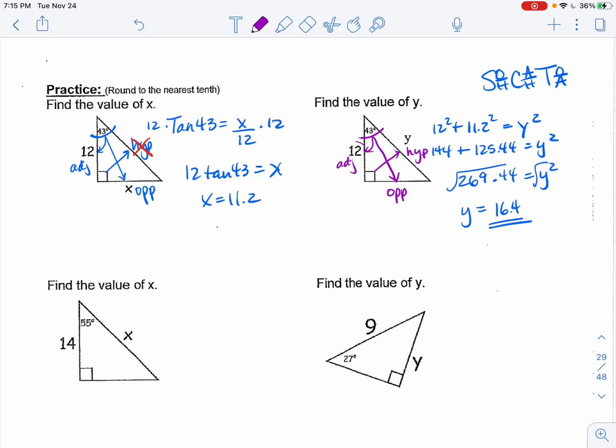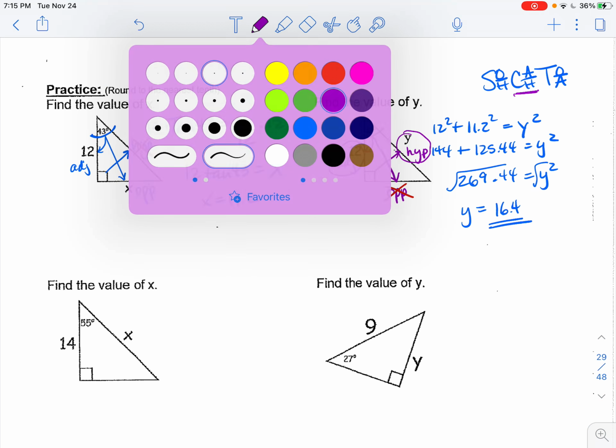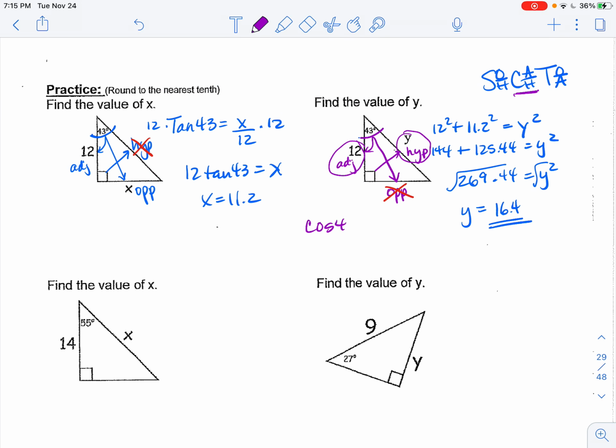So the ratio that uses adjacent and hypotenuse would be cosine. Again, I don't want to use the guy that doesn't have a number or an x, so I'm not using opposite. I'm using the ratio of the adjacent over hypotenuse. And so this is going to give me cosine of 43. It's always the cosine of the angle is equal to adjacent over hypotenuse.